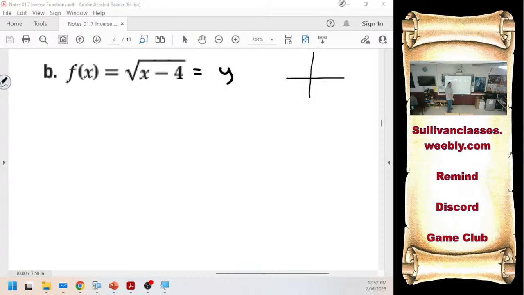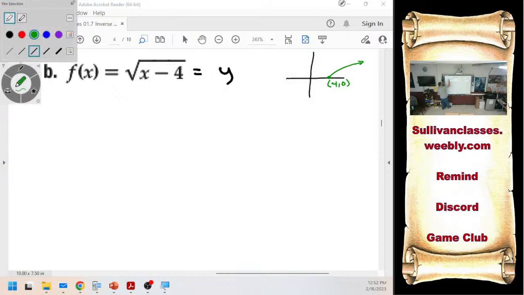What does this graph look like? It's just a little line, so it passes. Remember, it goes right 4 and then shoots off to the wild blue yonder. It starts at (4, 0), so the domain starts at 4, 4 to infinity. The range is going to be from 0 to infinity. I should remember that.